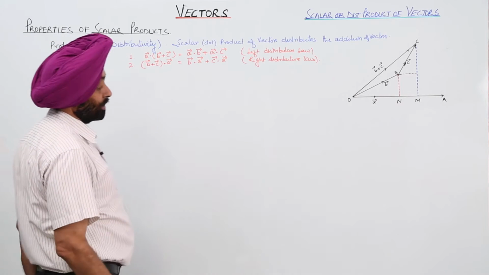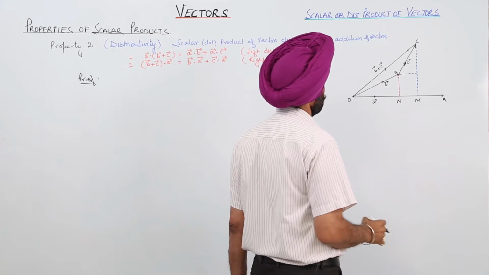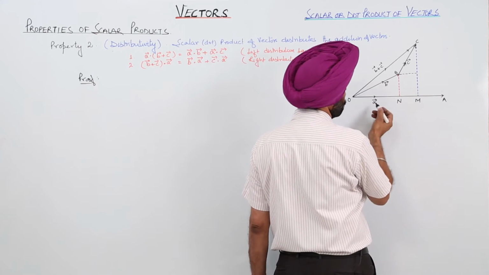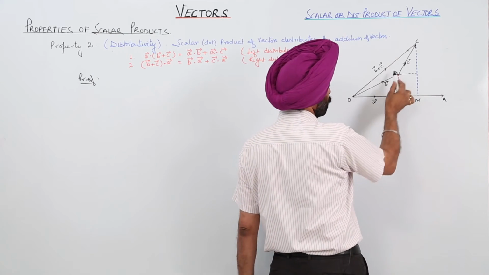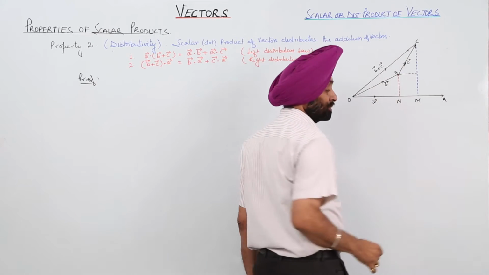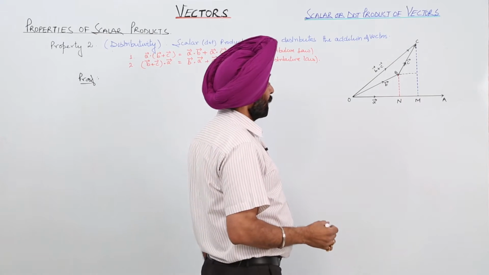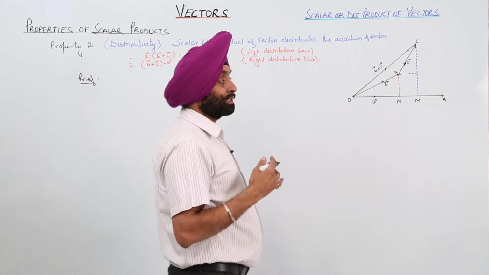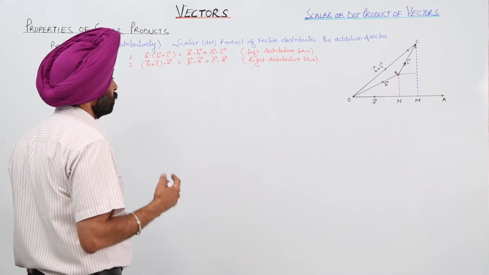Now proof. I have drawn a figure here. In the figure, OA is represented by vector A, OB by vector B, BC by vector C. Okay, and then we have drawn some perpendiculars. Now let's follow how to prove it.